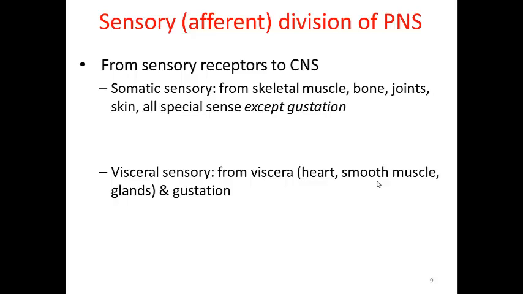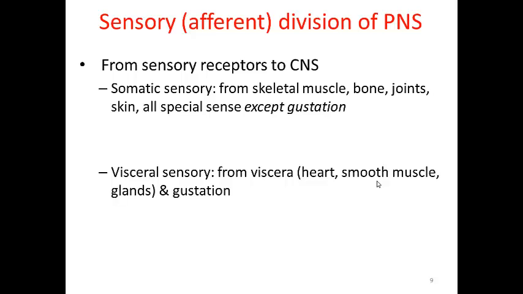Whenever any of these things wants to send a signal towards the brain or spinal cord, those signals are sent through the somatic sensory division. So right now you're sending signals from your skeletal muscles and your bones and your joints to your brain, and it's basically telling your brain where your body is in relationship to other parts of your body and in relationship to gravity and things of that nature. That's all involving your somatic sensory division.